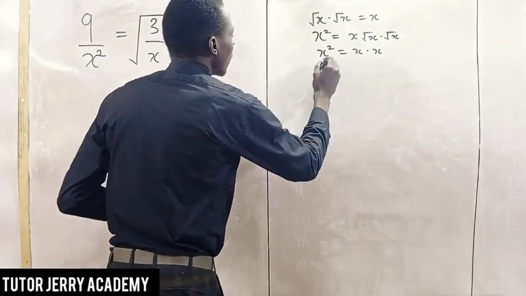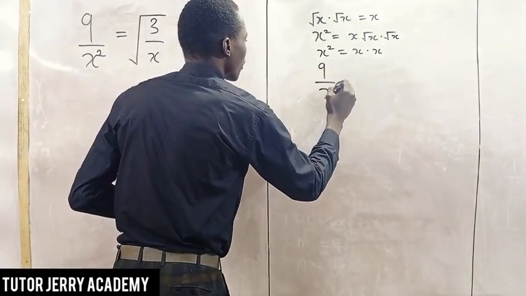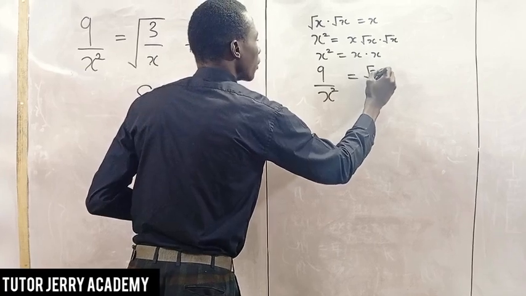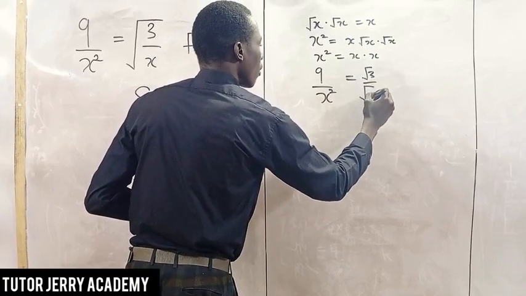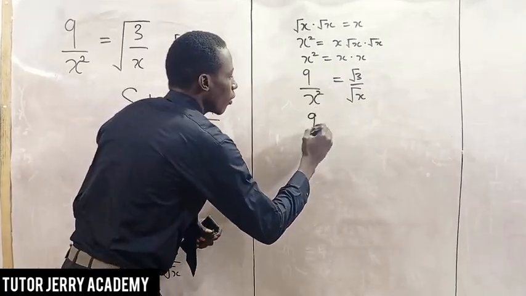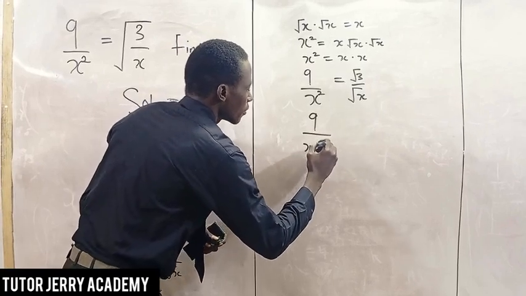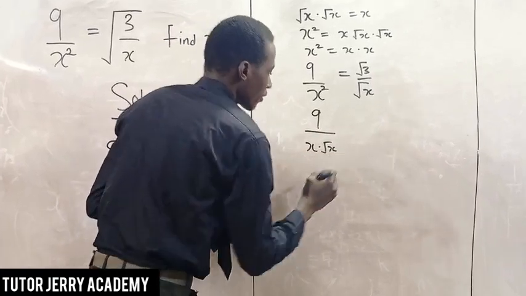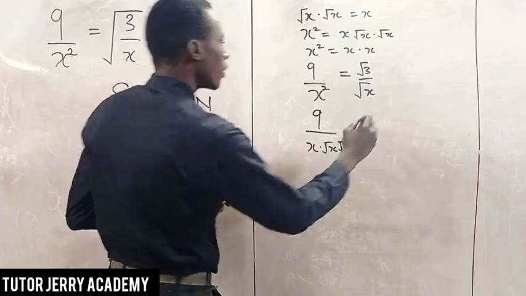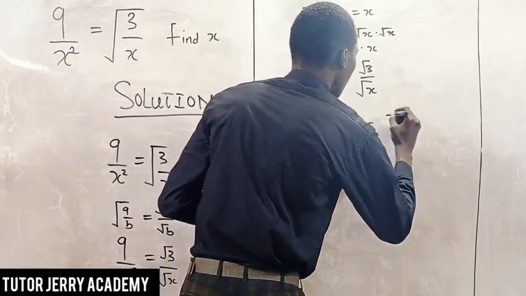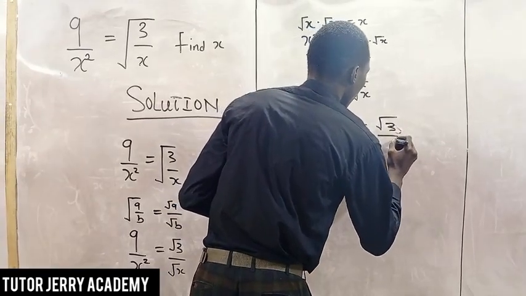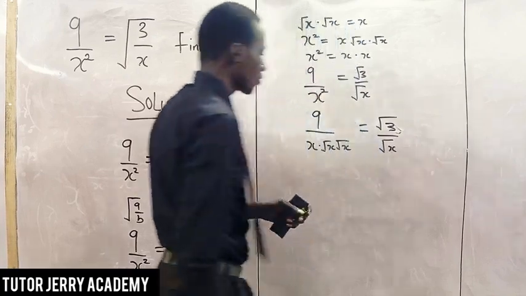So it implies that 9 all over x squared is now 9 all over x multiplied by the root of x multiplied by the root of x, all this equal to the square root of 3 all over the square root of x. So this is what we have.